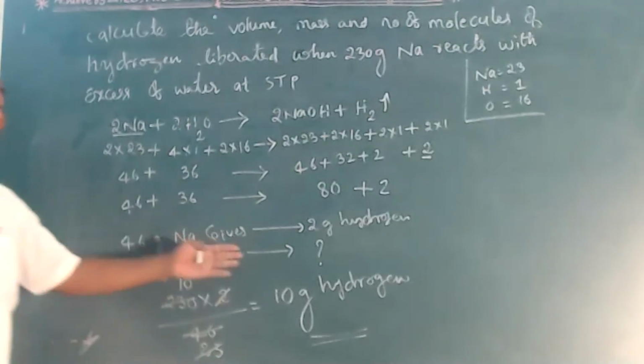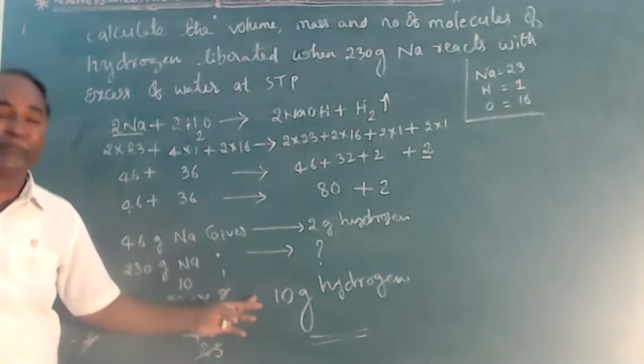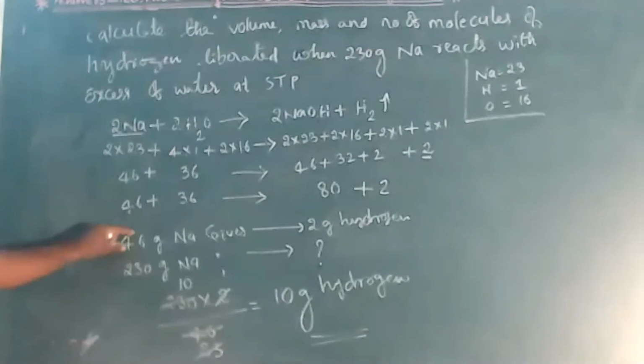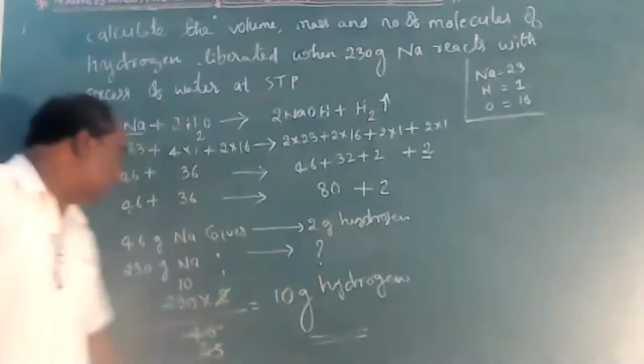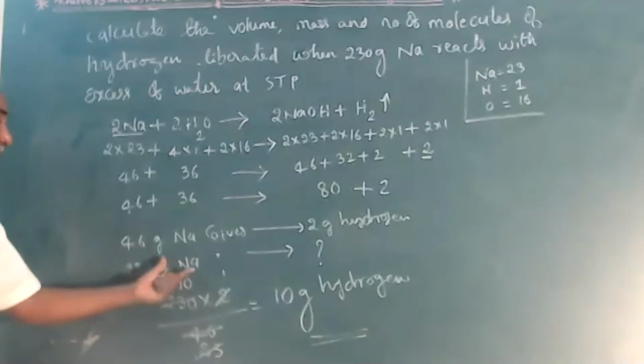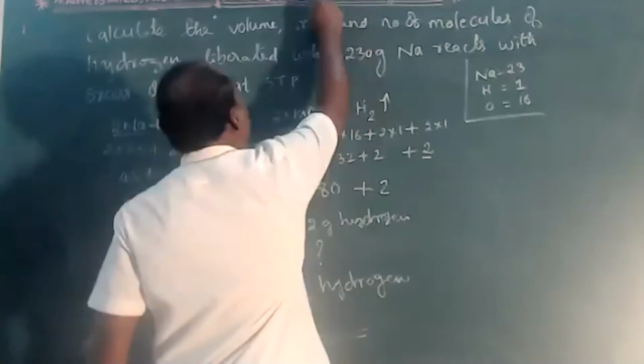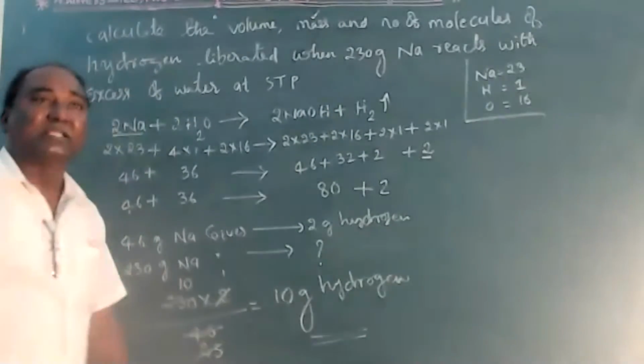Already we know that mass means quantity of matter. Here 46 grams of sodium liberates 2 grams of hydrogen, then 230 grams of sodium liberates 10 grams of hydrogen. So the first one, the mass relationship, is completed.